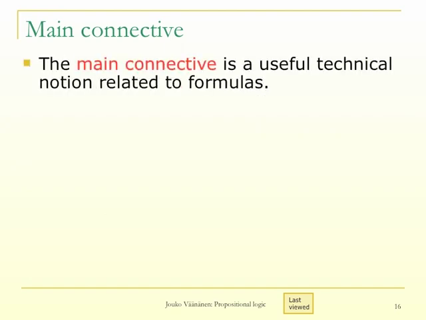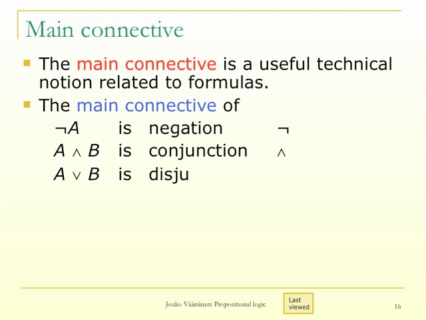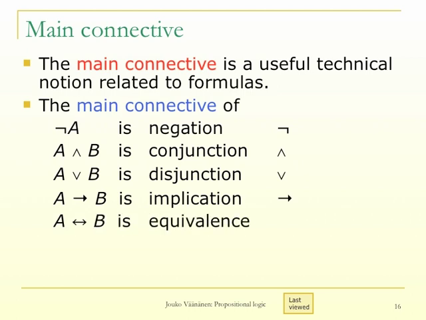The main connective is a useful technical notion related to formulas. Locating the main connective is quite easy. The main connective of not A is negation, A and B is conjunction, A or B is disjunction, A arrow B is implication, A double arrow B is equivalence.